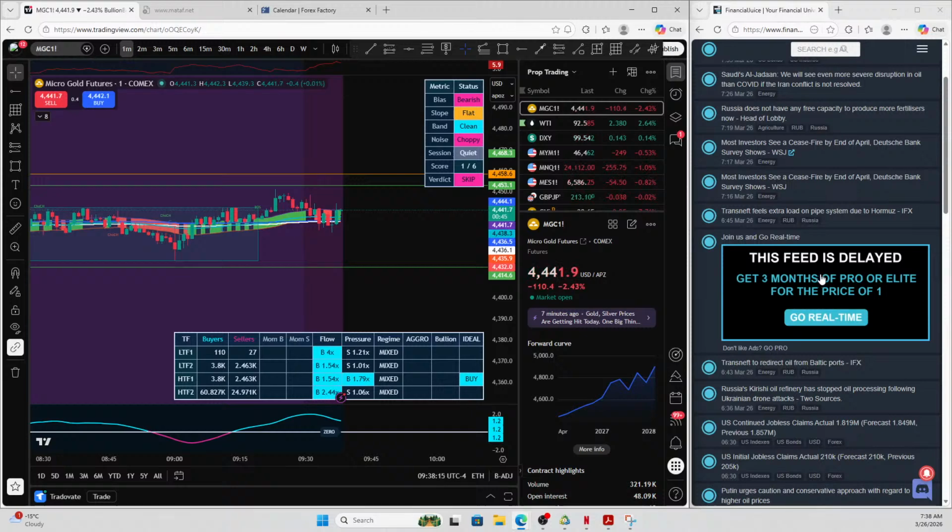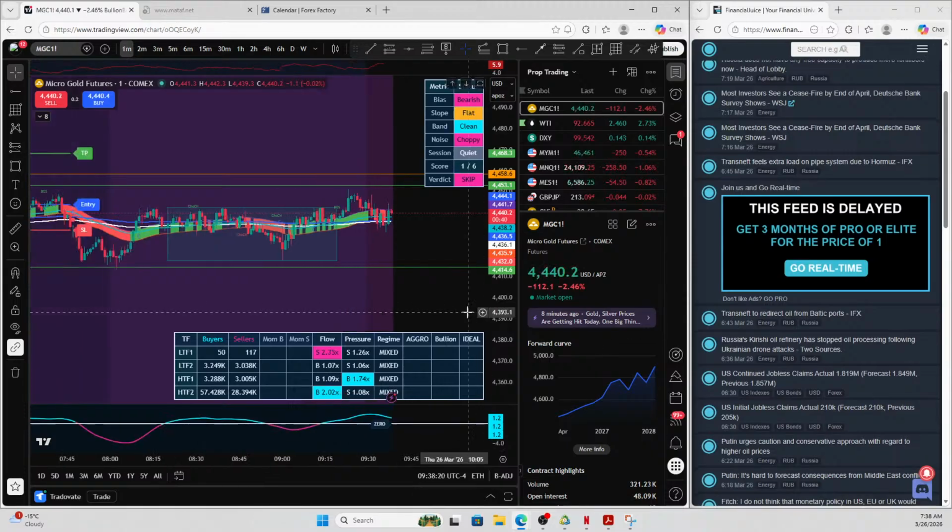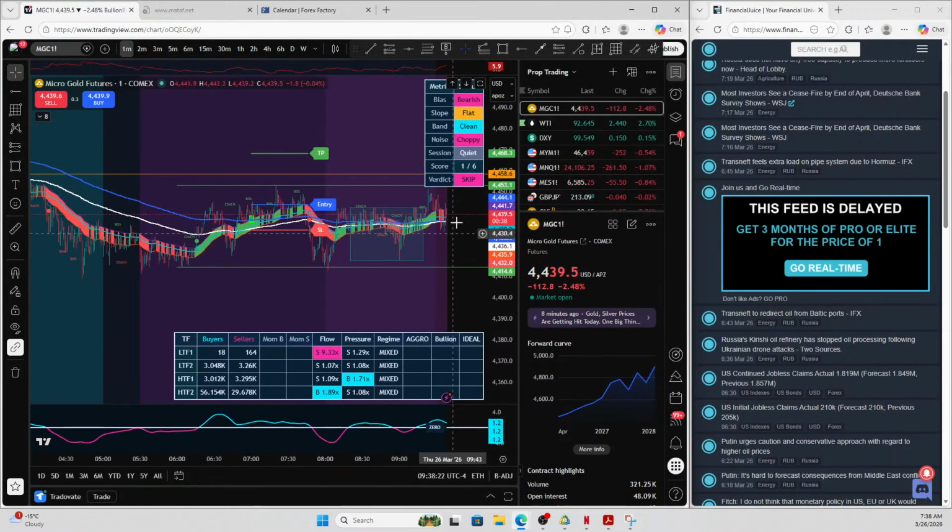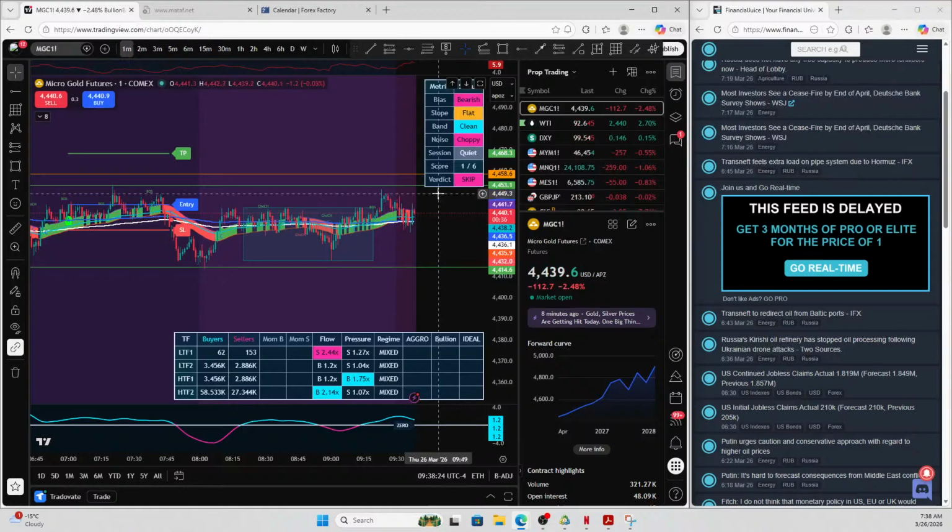So yeah, everything is pointing towards gold being bearish. Let's see what happens. We don't really see any clear direction right now.